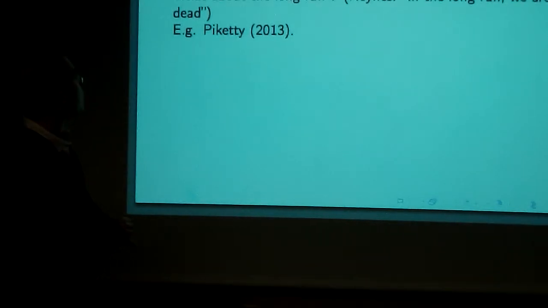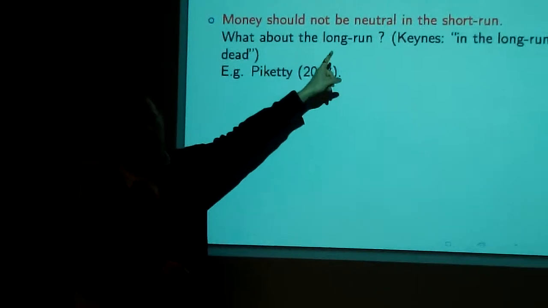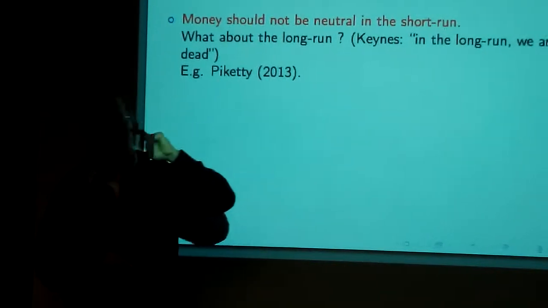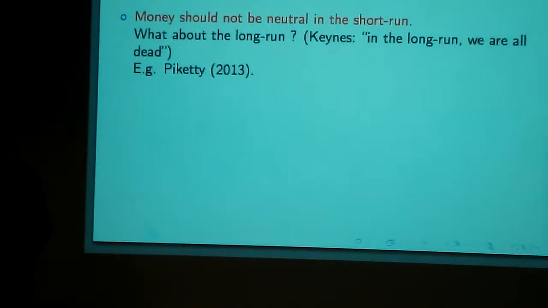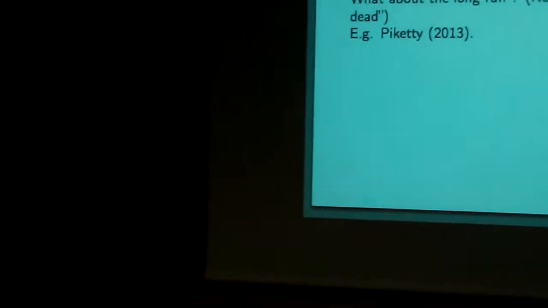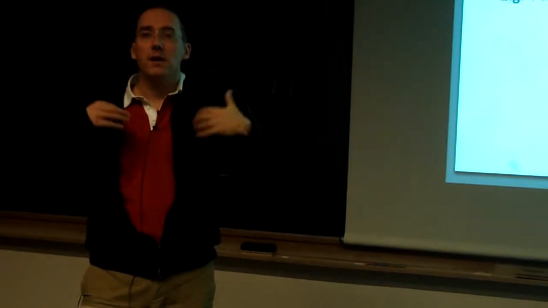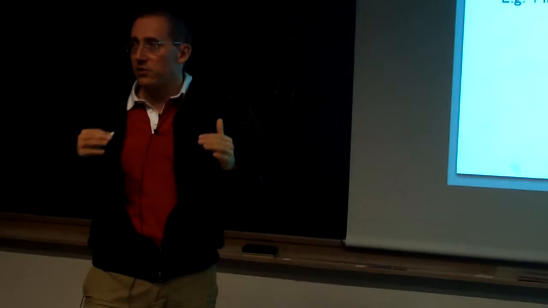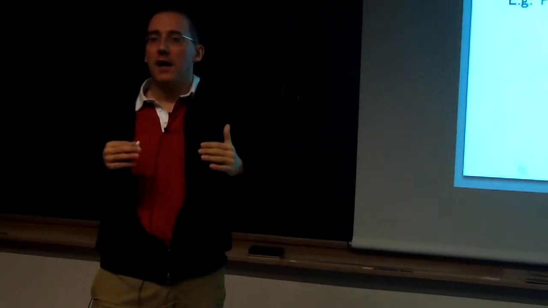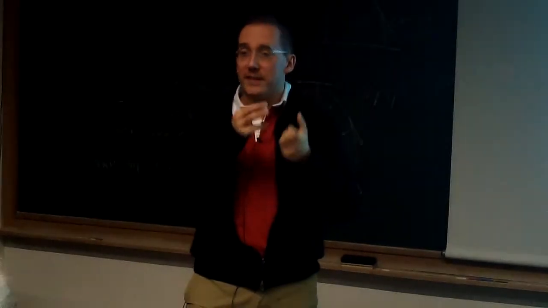One word in addition to that: money should not be neutral in the short run. What does it mean that money is neutral? It means that if you multiply the quantity of money by 2, say, it has no impact, but it just multiplies the level of prices by 2. Unemployment and everything else remain the same. So the real economy is the same, and money is just as if you were changing the unit in which you measure the temperature.